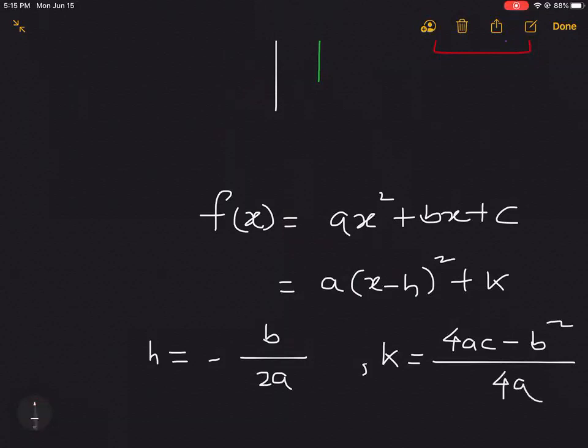That's the general format. All of these a's, b's, and c's come from the original format.